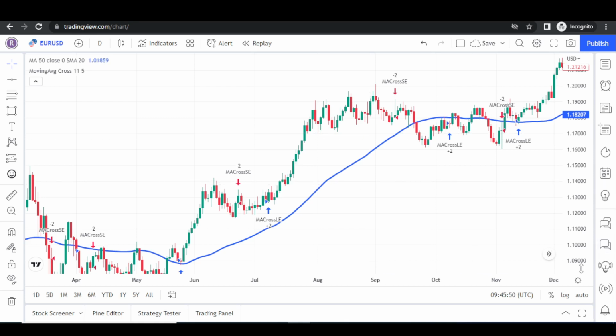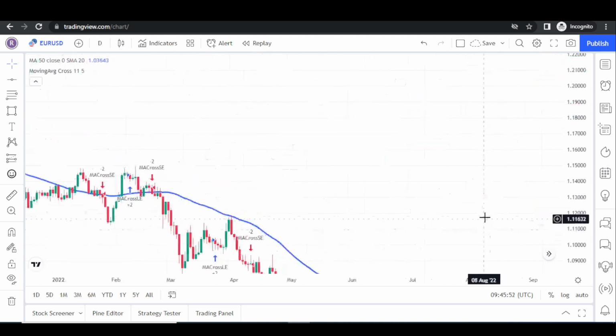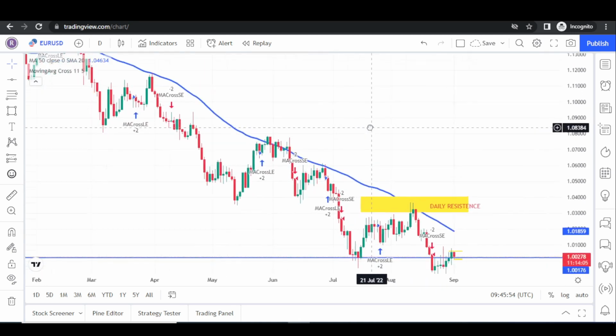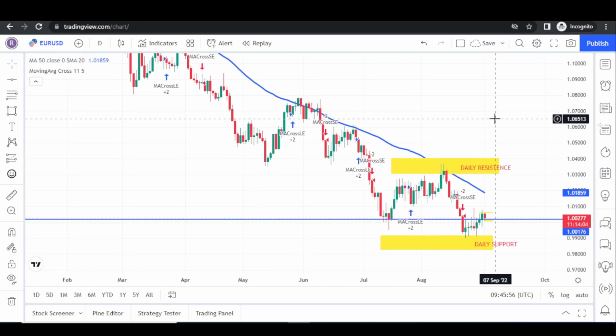So let's go to the current market right now, so you can understand what I'm saying. Now you can see what I have drafted on this particular place here.